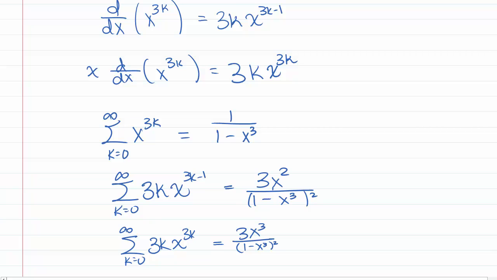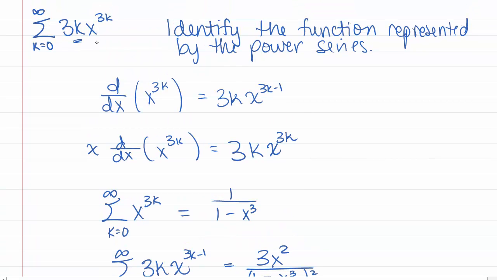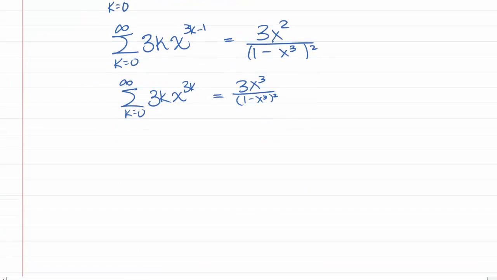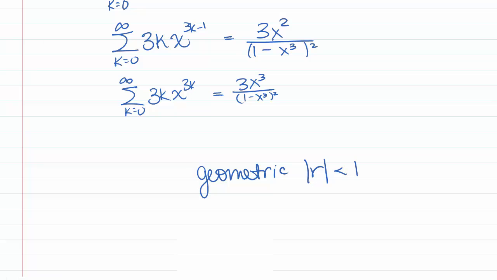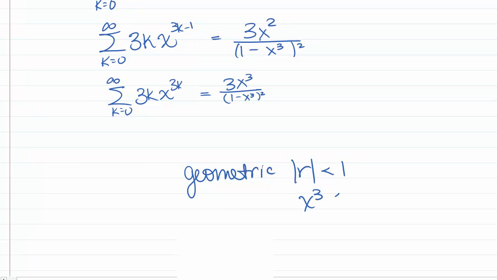So remember, this works if the thing we're substituting in is within the interval of convergence. The interval of convergence for a geometric series is absolute value of r strictly less than 1. So we said this was a geometric series with r equaling x cubed. And so we have the absolute value of x cubed less than 1, which means the absolute value of x is less than 1.